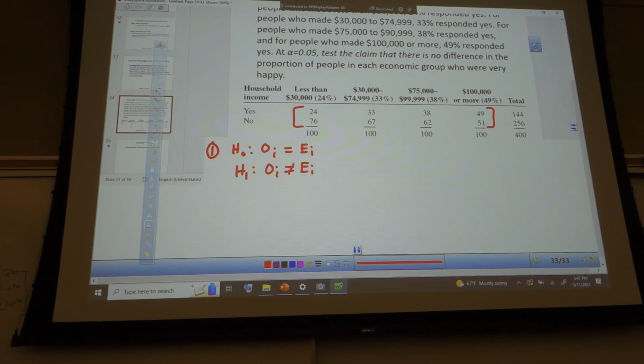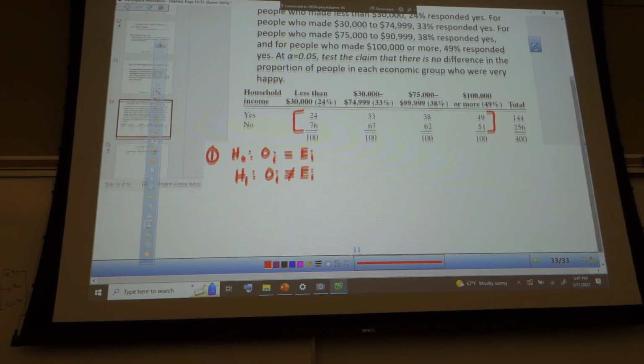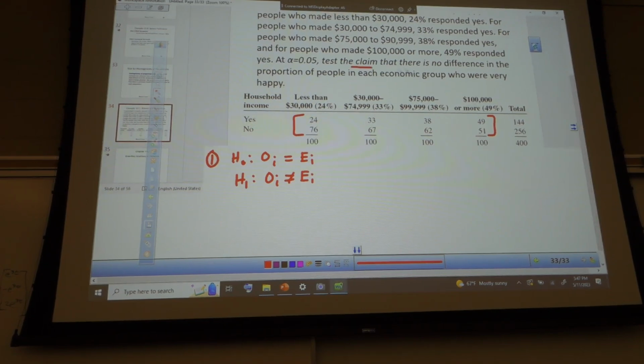Correct. Okay, which one is the claim? H naught. Claim that there's no difference. No difference is what? H naught. It's not. So we're going to use what word in step 5? Object. Great.